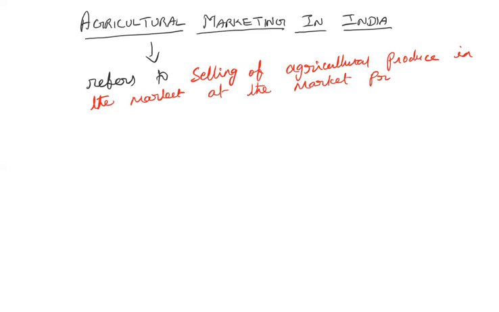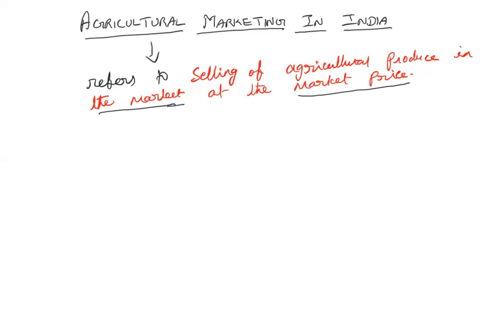This is proper agricultural marketing. So the main thing is the produce has to be sold in the market, then only the farmers will be able to get that market price.